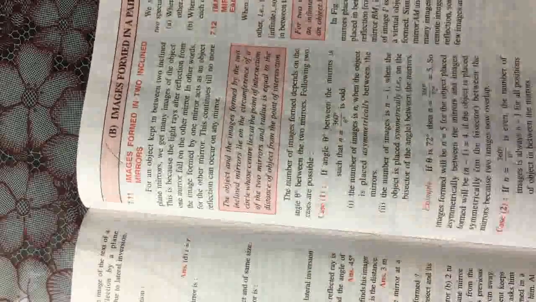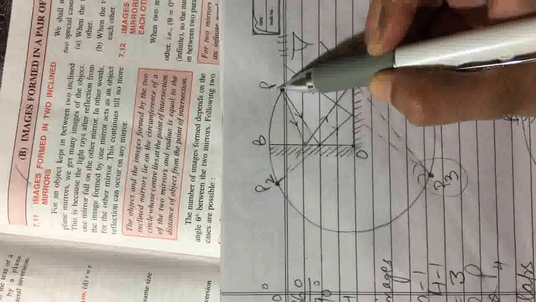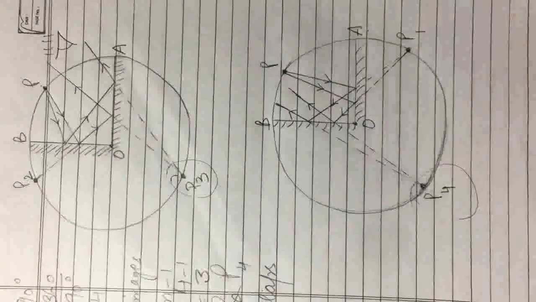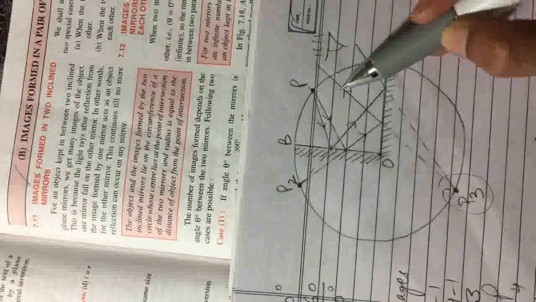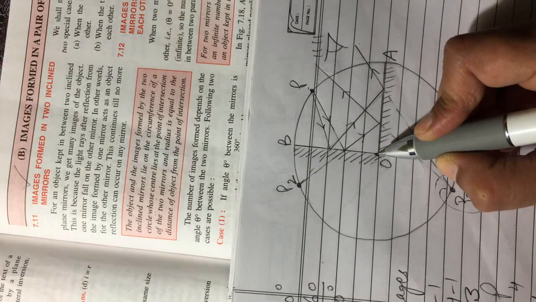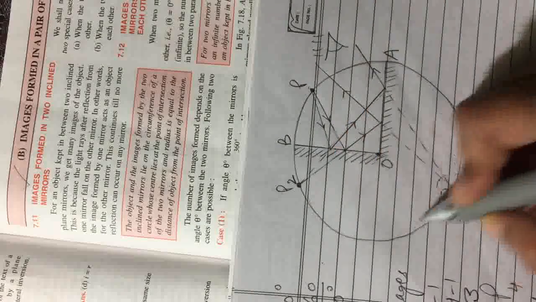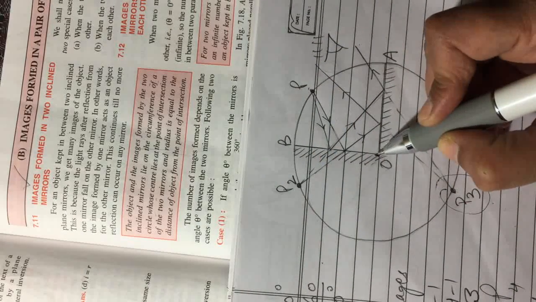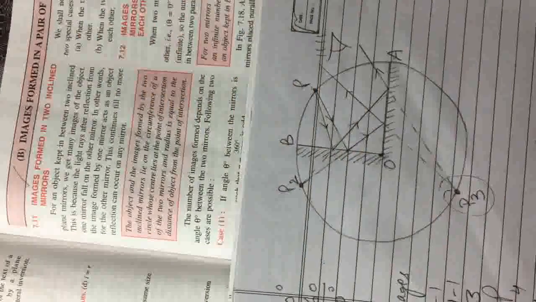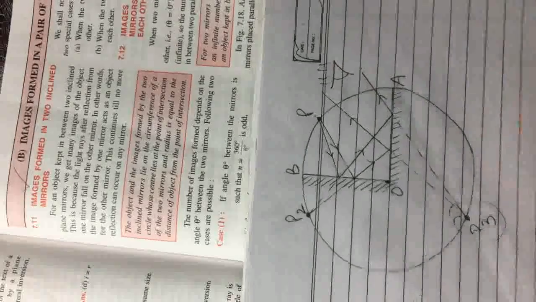When we considered the case when two mirrors were arranged normal to each other, the object and images P1, P2, P3, P4 and the object are lying on the circumference of a circle, and the center of the circle is at the point of intersection of the two mirrors, and the radius of this circle is equal to the distance of the point of intersection from the object. So this is given over here. So this was pending, I explained it.